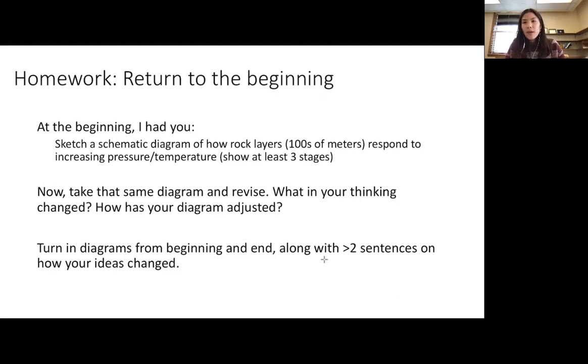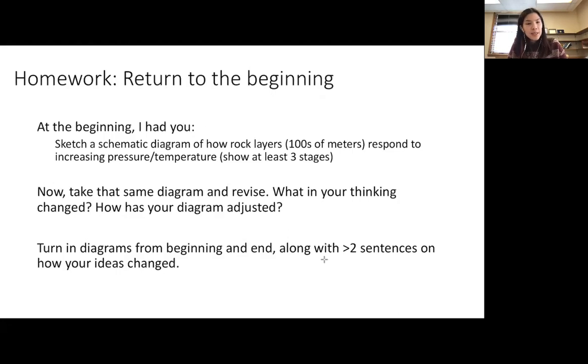Think about how your thinking has changed from the beginning of the lecture to the end and how your diagram has adjusted. And now that we have terminology, I'd like you to, in your revised diagram, include the terms. So if you expect to see anticlines and synclines or a monocline, be sure to note that in your diagram.